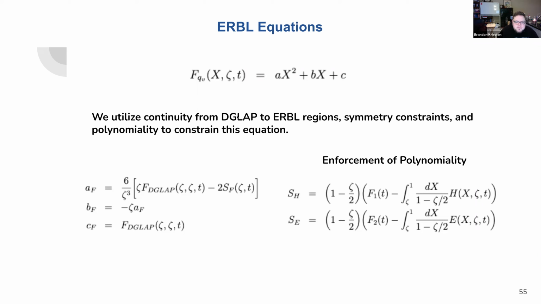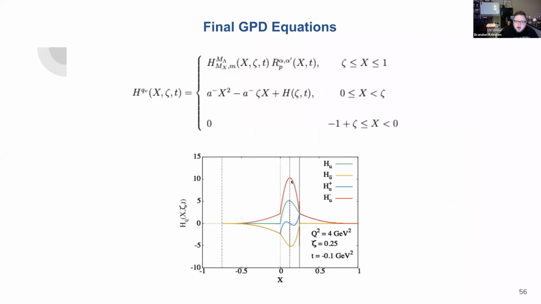And so this is why, as you can see here, the GPD for this red curve, the gluon GPD, goes to the same point and doesn't blow up: it is constrained by symmetry to be the exact same point at this crossing symmetry point.